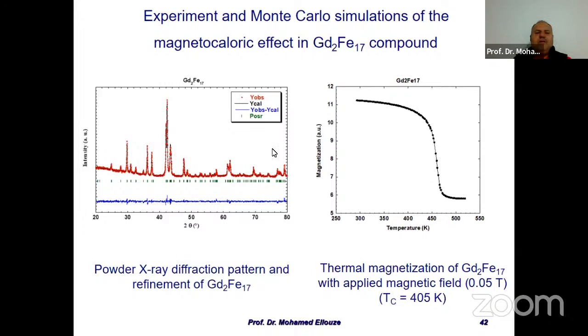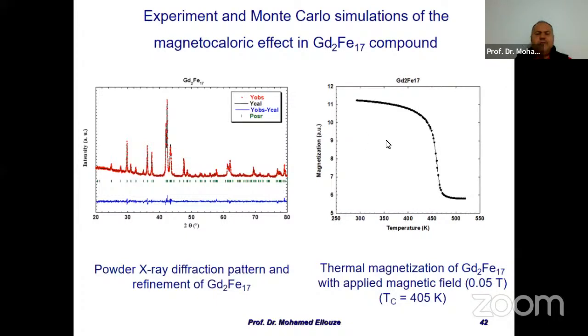Here we have the powder X-ray diffraction refinement of our sample, and we can deduce that there is no impurity in our sample. Here we also have the magnetization versus temperature at an applied magnetic field of about 0.05 Tesla, and we can see that the Curie temperature is higher than room temperature, about 400 Kelvin.